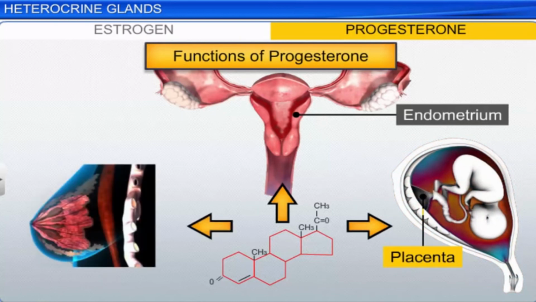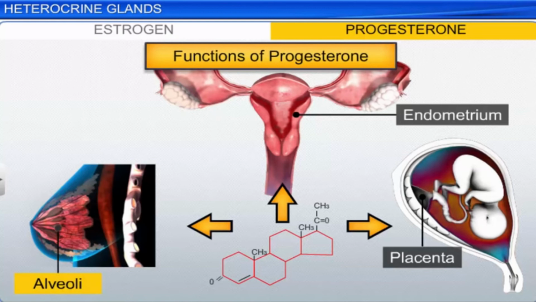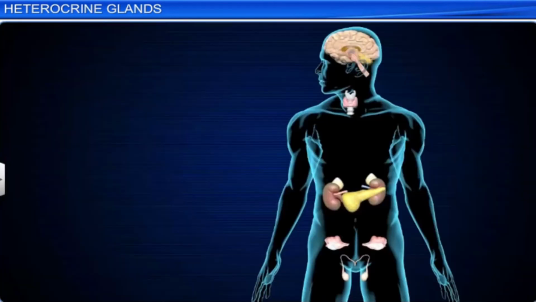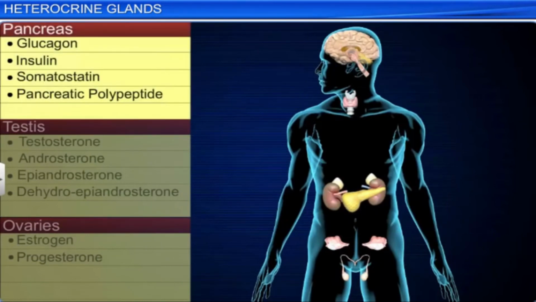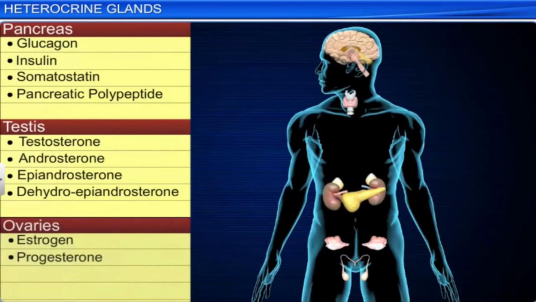Progesterone also acts on the mammary glands and stimulates the formation of alveoli, which store milk. Hence, all three heterocrine glands, the pancreas, testes, and ovaries, secrete hormones significant for the human body.